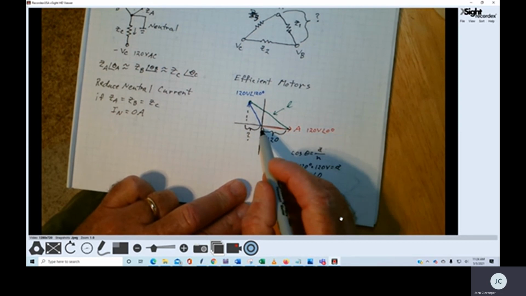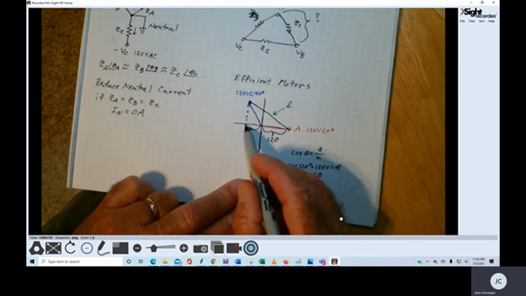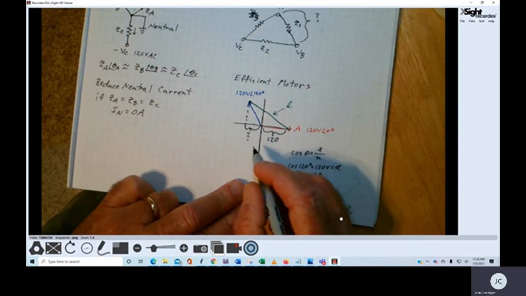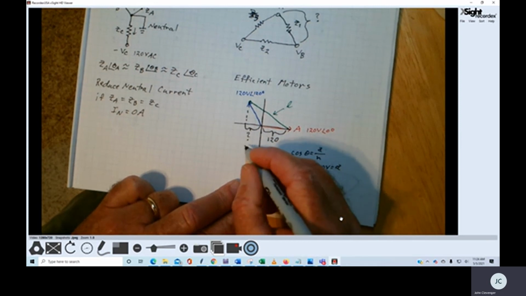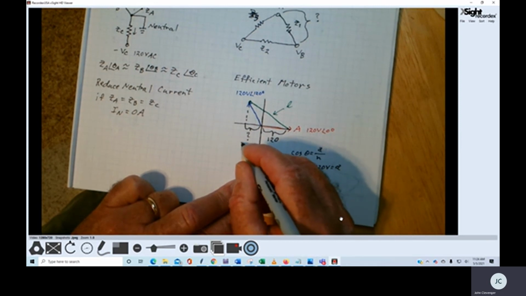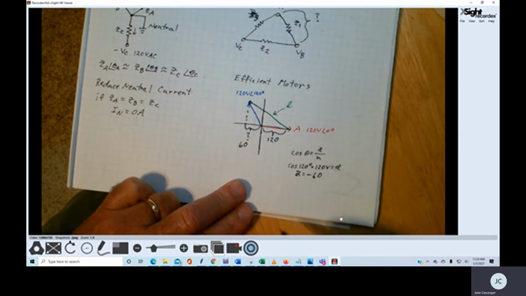So I know the distance from the origin to that point on the x-axis is 60 volts.